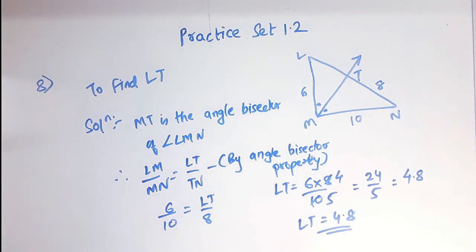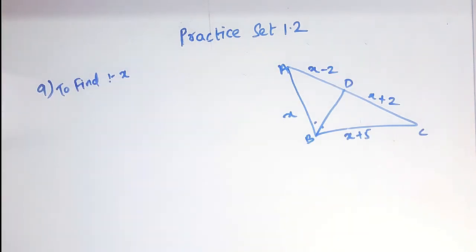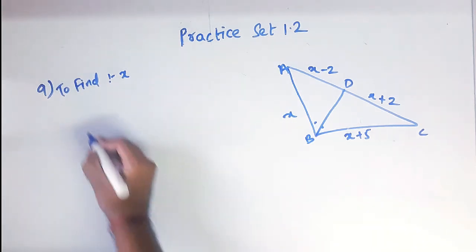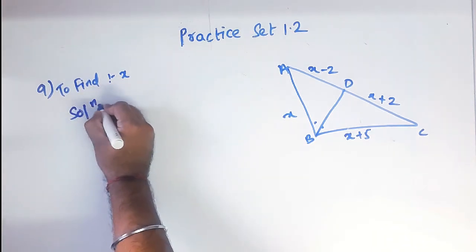Okay, so the 9th one is similar to what we have to find using the angle bisector property. The only thing here is the values are given in terms of x. So how will we find them? It is very simple.